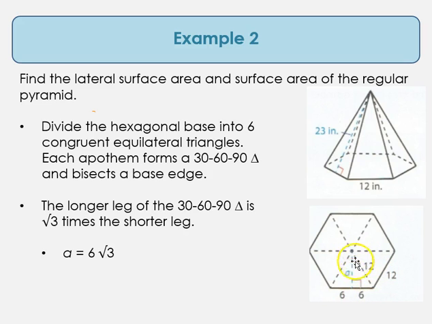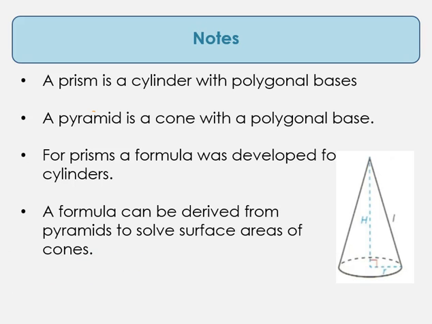So you now have this right triangle that has a base of 6, a hypotenuse of 12, and a long side, which according to our 30, 60, 90 ratios, will be 6 square root of 3. So the apothem will be 6 square root of 3. That's all they asked us to find. They didn't ask us to find the total surface area.